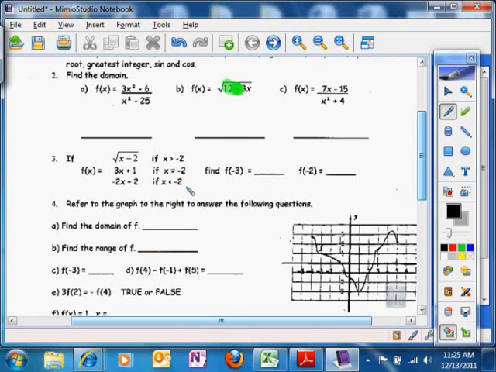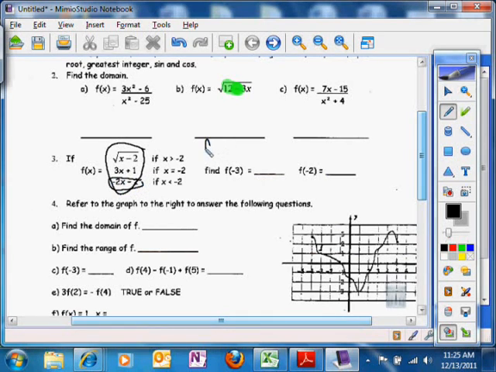So the way this works, if we're trying to find f of negative 3, I have to determine which of the three pieces to use. I have to look at when x is negative 3, which one of these domains does it fall into? Because negative 3 is less than negative 2, you would look at this piece right here for that one.